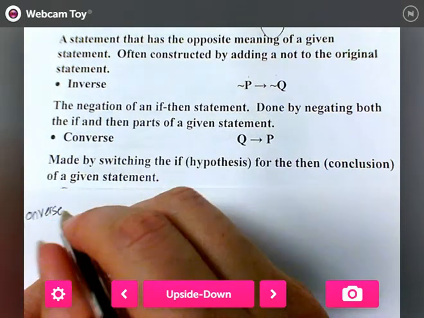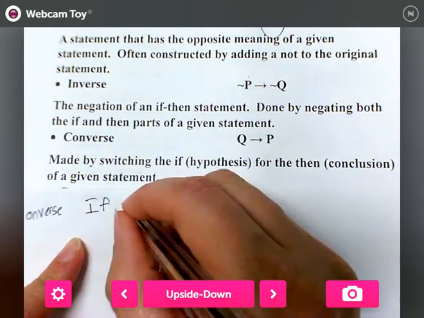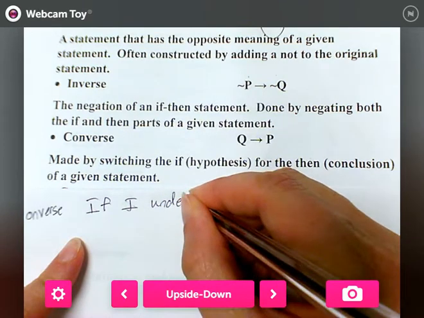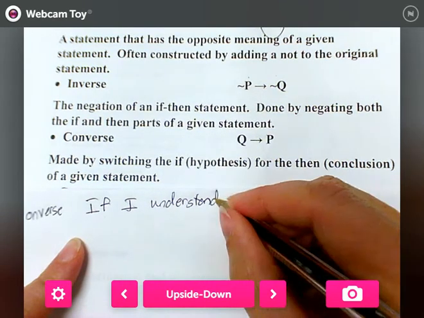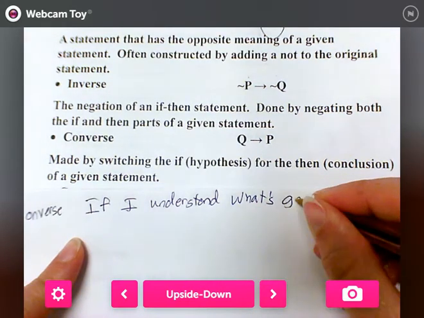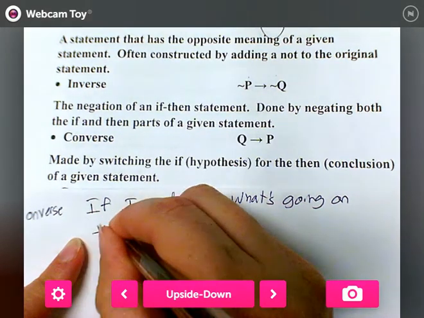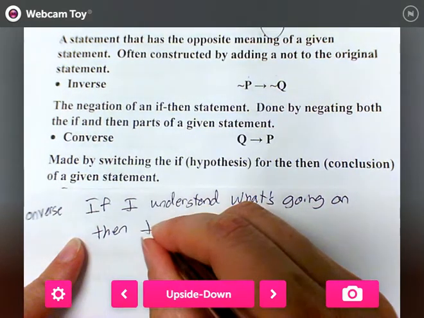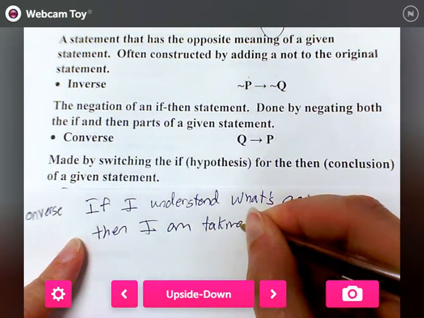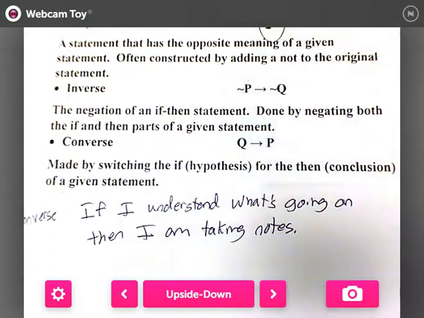For converse, if I understand what's going on, then I took notes. I am taking notes. That's our example. We switch the hypothesis and conclusion.